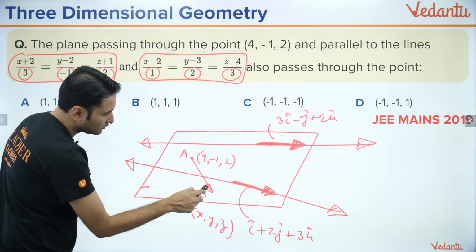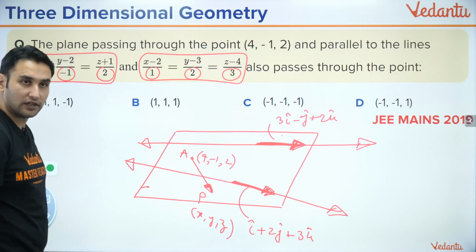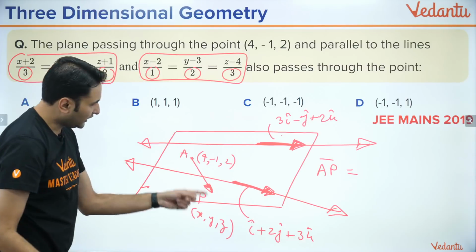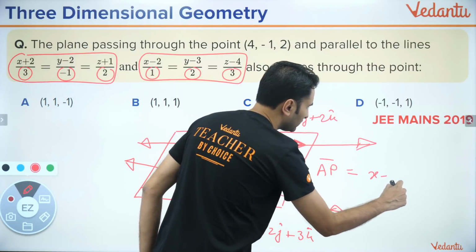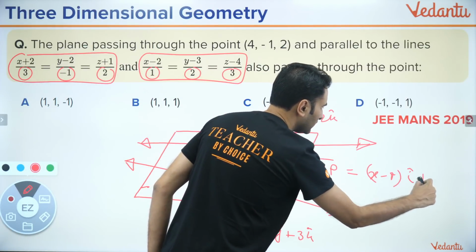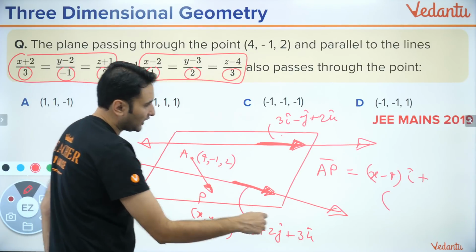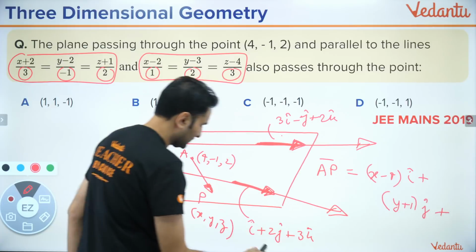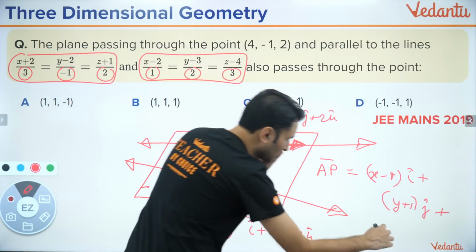Subtract the two. Get the AP vector. What is the AP vector बच्चों? The AP vector will be (x minus 4)i plus (y plus 1)j plus (z minus 2)k.